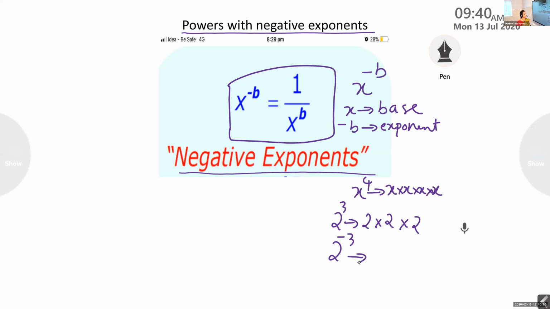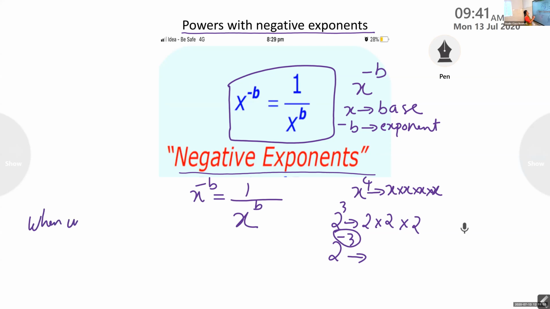So we have to change the negative sign from the power. For that, just write the reciprocal. X raised to minus b, the reciprocal is x raised to b. While writing the reciprocal, the power becomes positive; the sign of the power changes when we write the reciprocal.